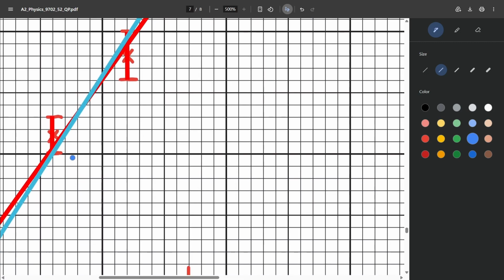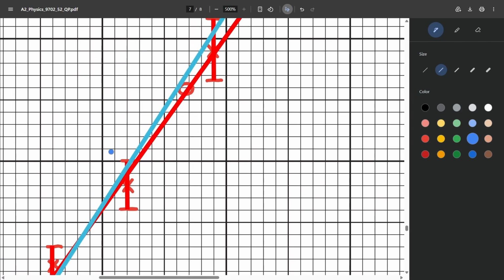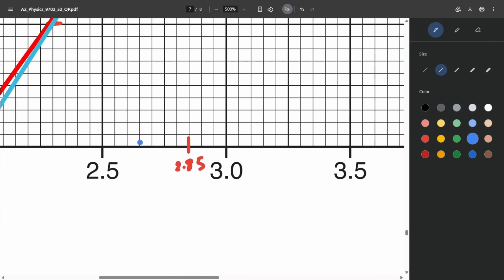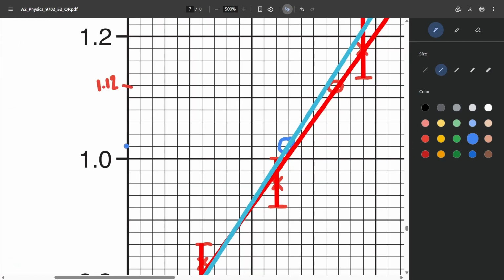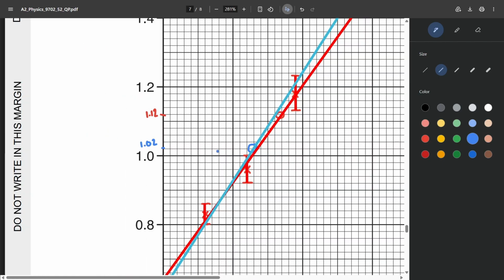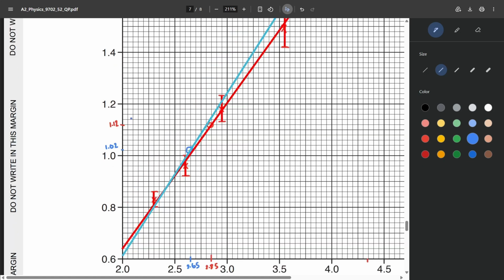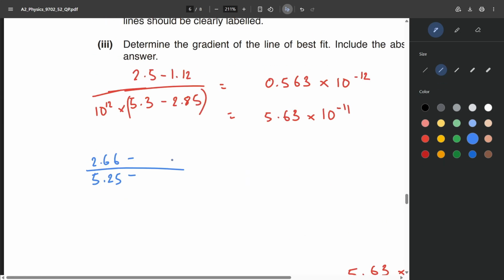We need to find another coordinate from this blue line. Let's take this coordinate here. The x-coordinate here would be 2.65 and the y-coordinate is 1.02.